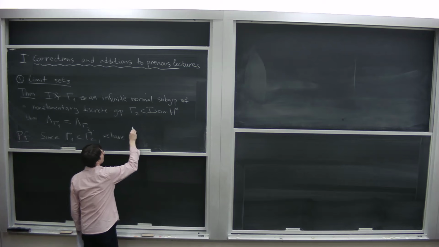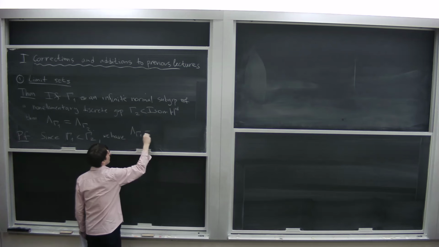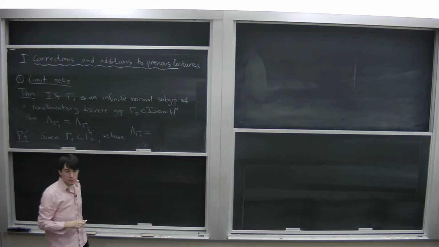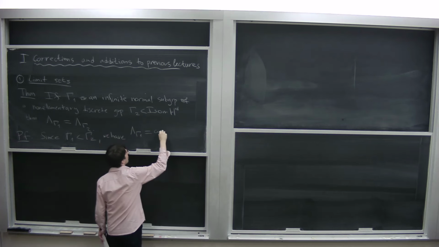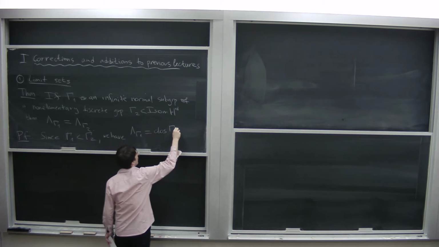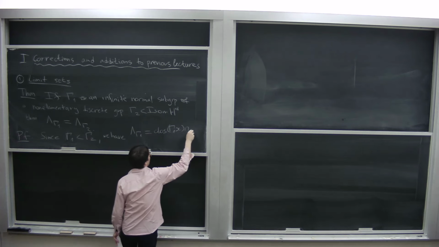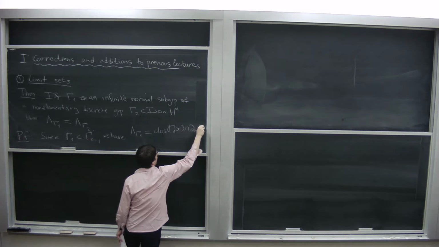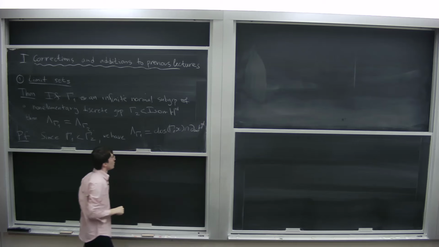Why? Lambda gamma 1 is the closure of some gamma 1 orbit intersected with the boundary, right?